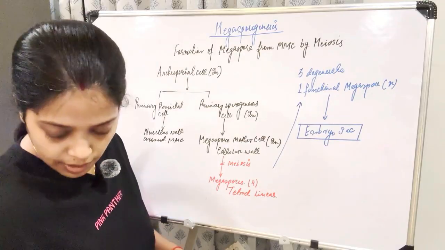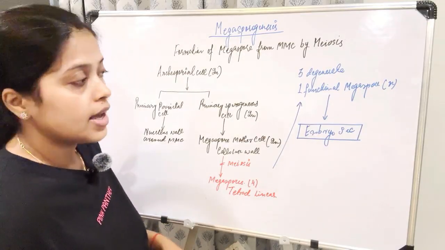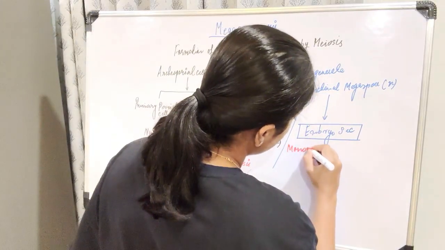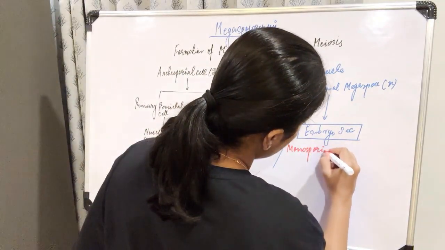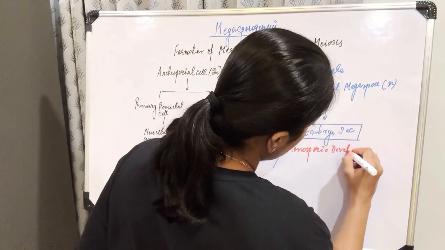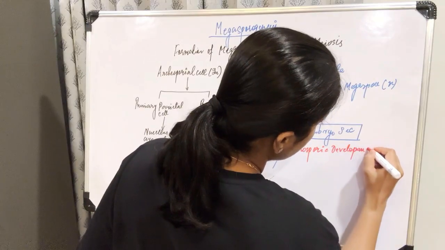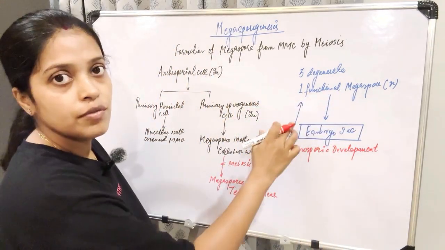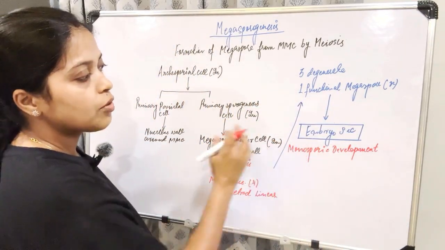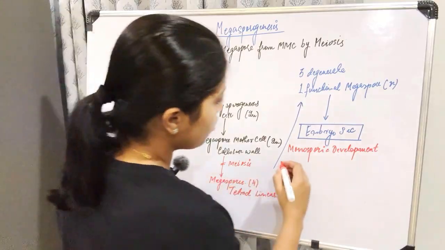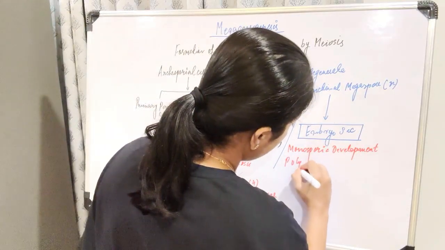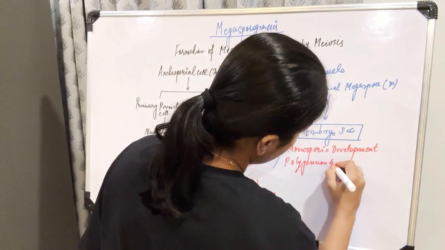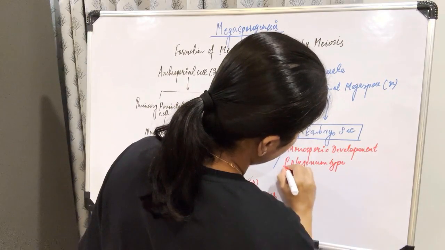Such a kind of development is called monosporic, because there is a single functional megaspore which is going to form the embryo sac, and it is also called the polygonum type of development.